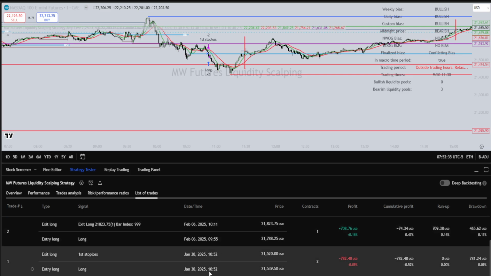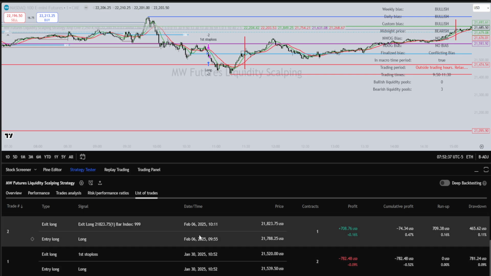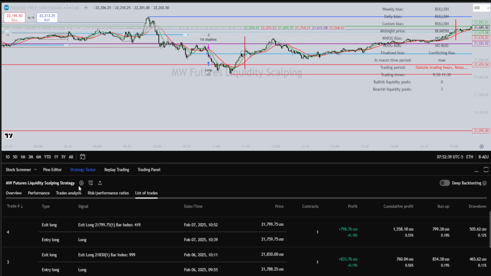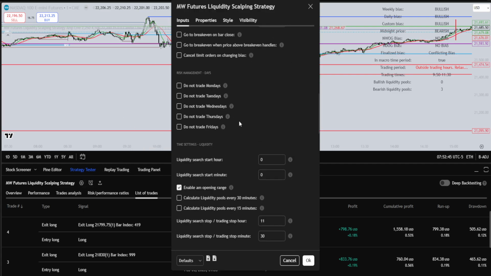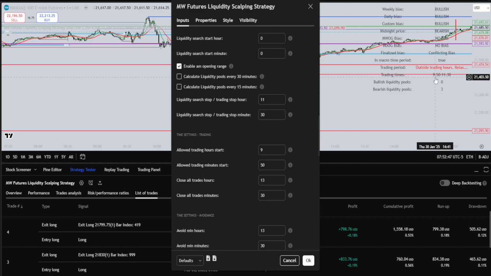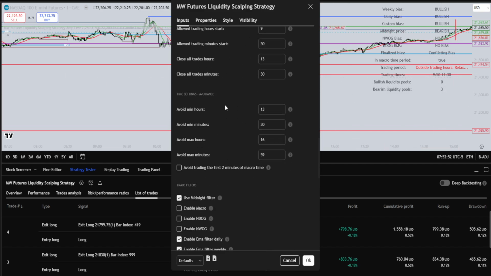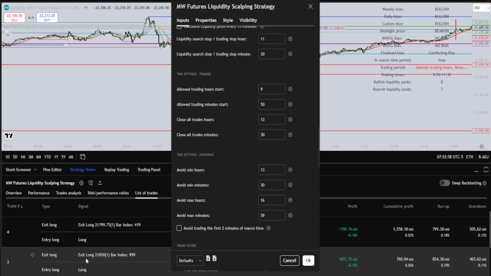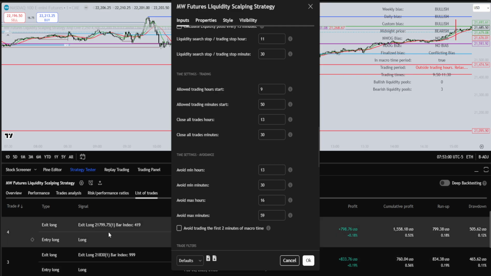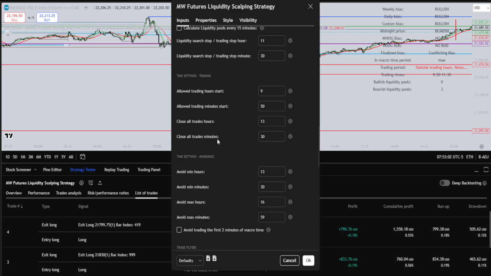And our losing trade was placed on 10:52. So to keep all these winning trades and only remove this particular trade, what we could do is just change our trading times. Right now we trade from 9:50 to 11:30. But if we would stop trading at 10:50, that means that we actually would keep all our winning trades and filter out the losing trade.